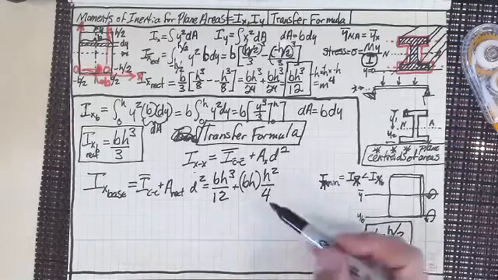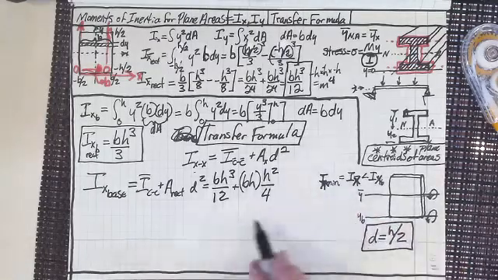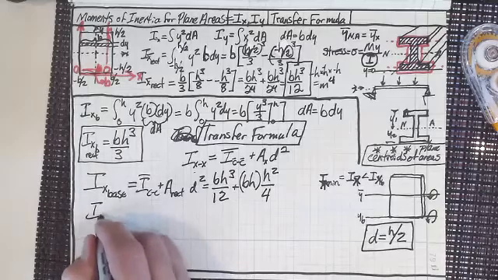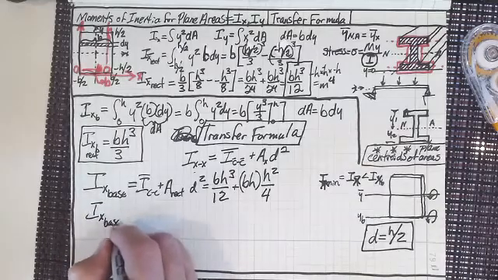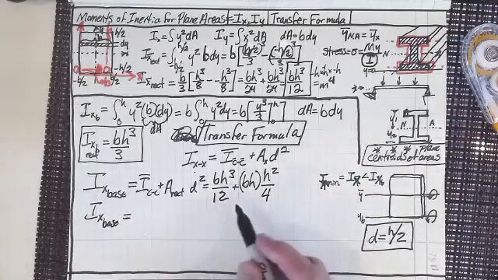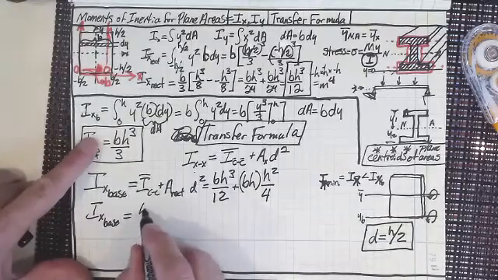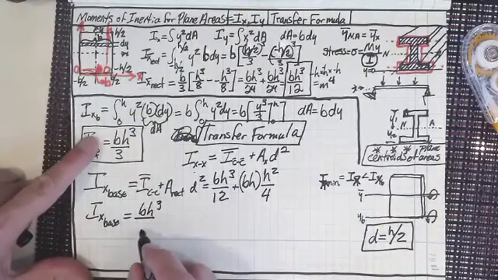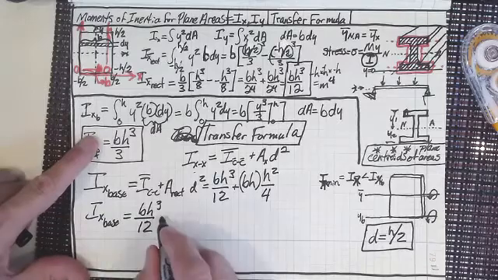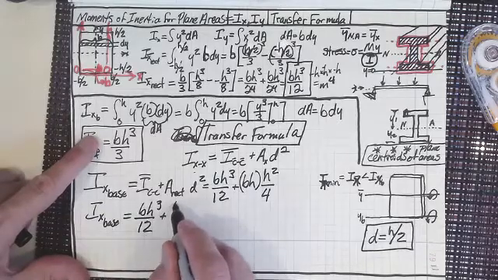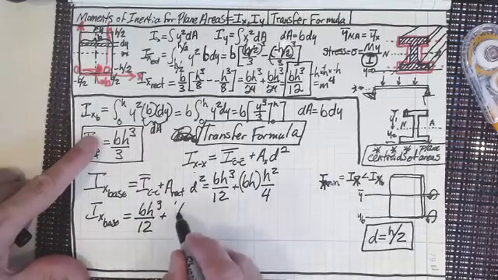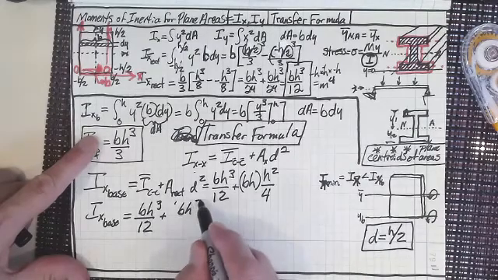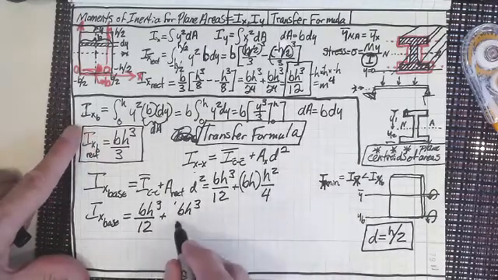Simplifying, I've got bh cubed over 12 plus bh cubed over 4.